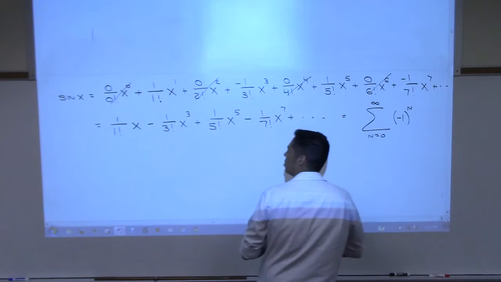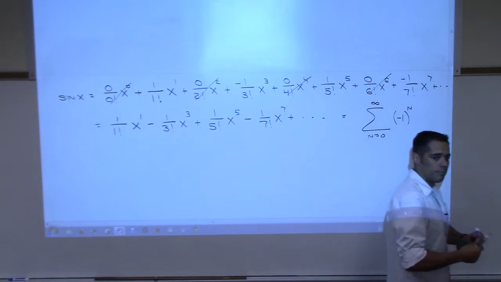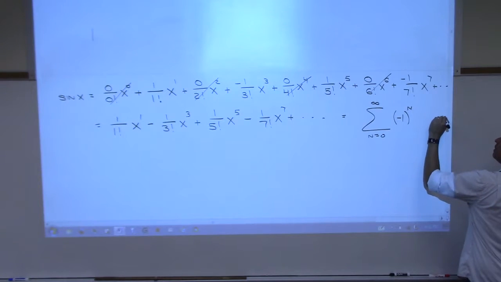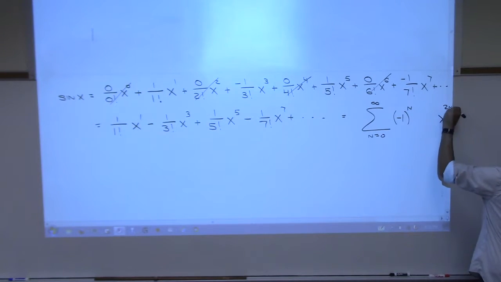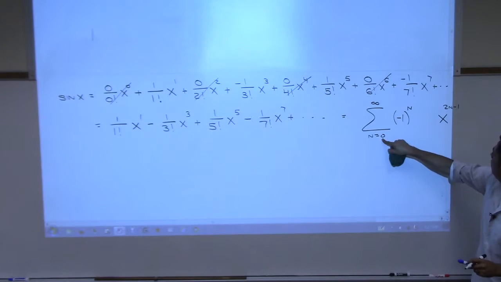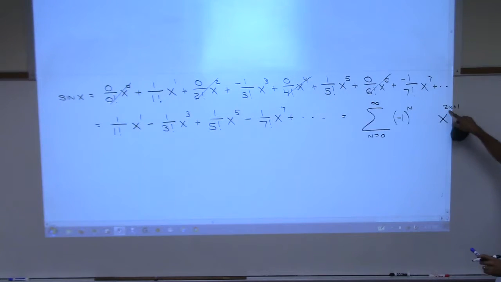Now let's try and pick up a pattern on the x's. This is x to the 1st, 3rd, 5th, 7th. 1, 3, 5, 7. Can you generate that list for me? 2n plus 1. So I have x to the 2n plus 1. We want to start at 0 and get a 1 up there, right?